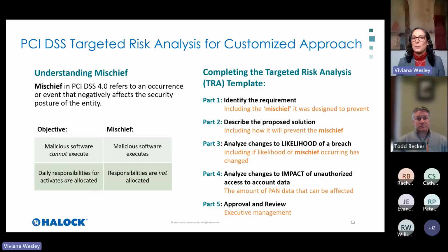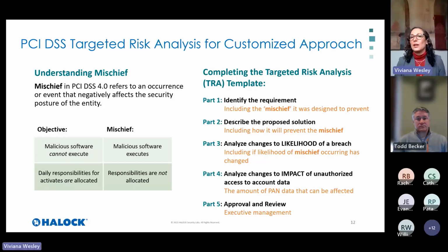Essentially, what they're saying is mischief is the occurrence of something negative happening. So if the control objective is that malicious software doesn't execute, the mischief is that malicious software executed, right? So the intent is that people understand when there's a control objective, the mischief happens if that control objective is not being met. It's kind of like the opposite of the control objective.